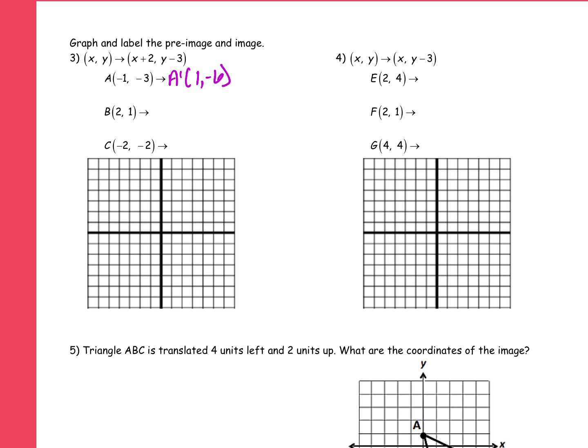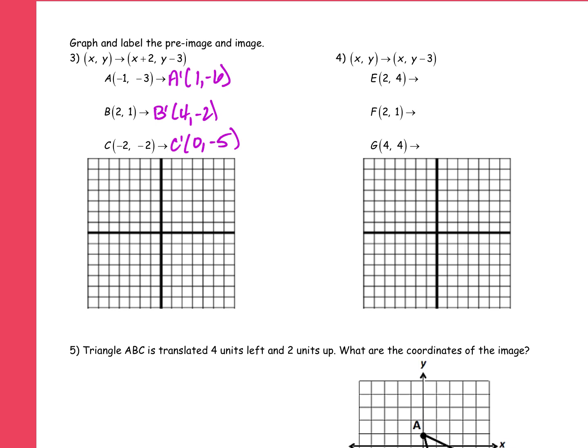Okay, so B prime, and we're adding 2, so that should be 4 and negative 2. And then C prime should be 0 and negative 5. Everyone get those? Is everyone okay with that?